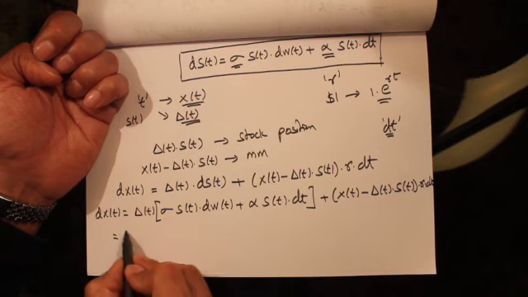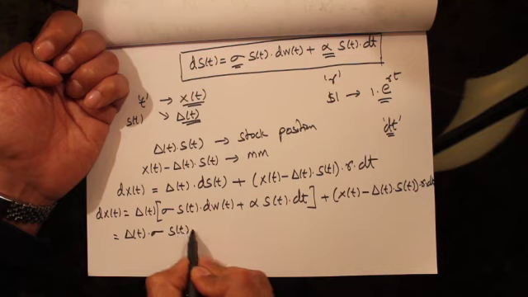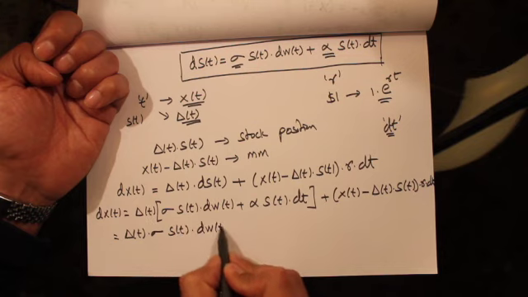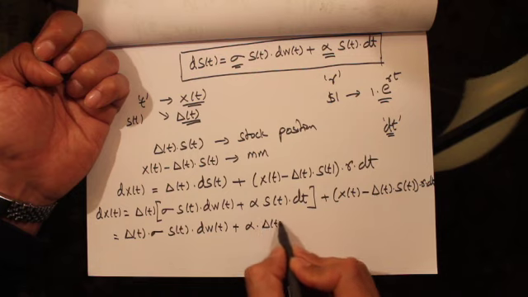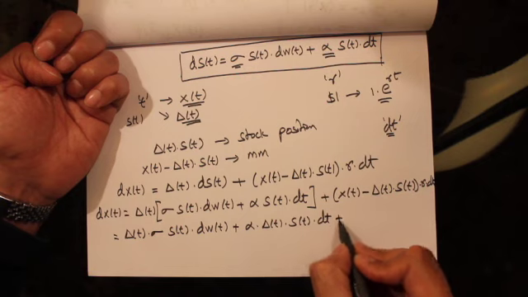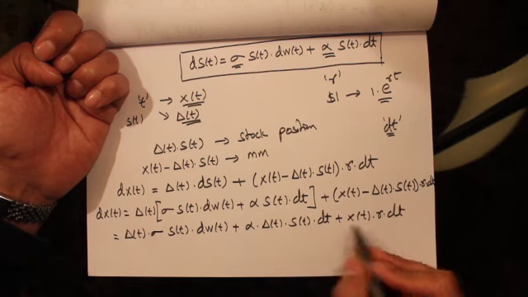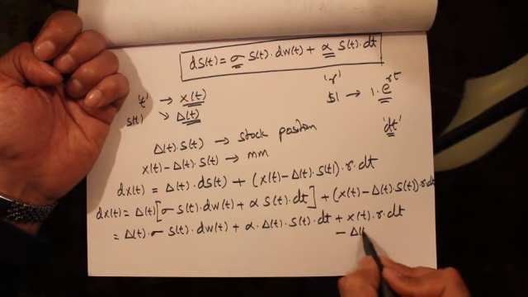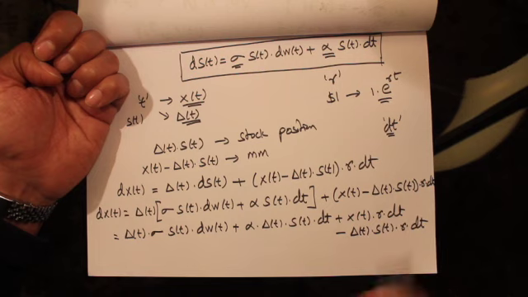This we can simplify further. This will become Δ(t)σS(t)dW(t) + αΔ(t)S(t)dt + X(t)r dt − Δ(t)S(t)r dt.